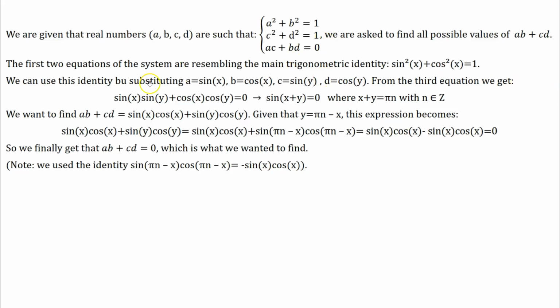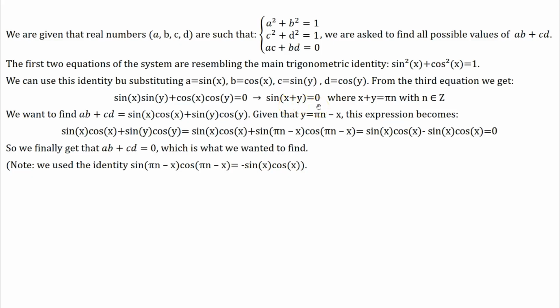But from the third equation, we get that sine x times sine y plus cosine x times cosine y is equal to 0. Now, we know that the left-hand side of this formula is equal to the cosine of x minus y. So from the third condition, we get that this expression is equal to 0.